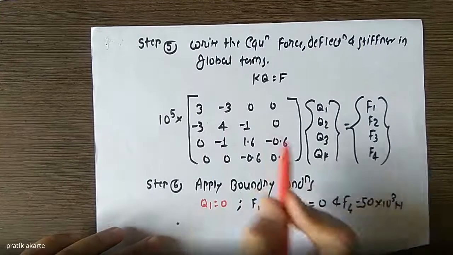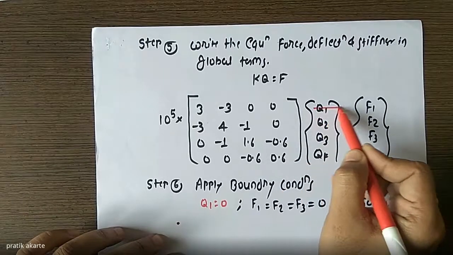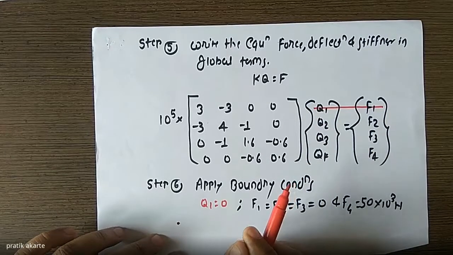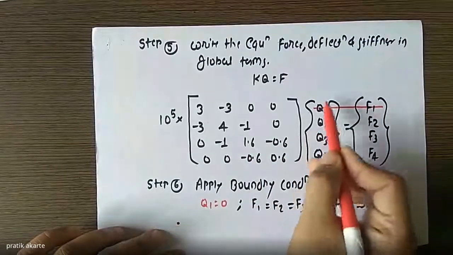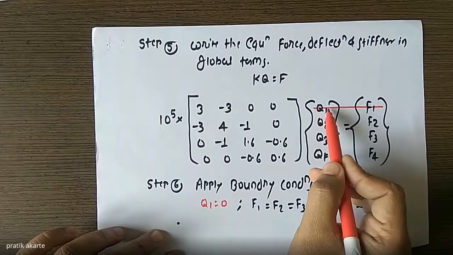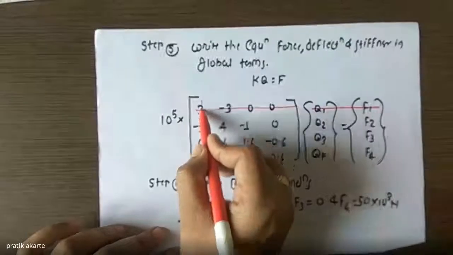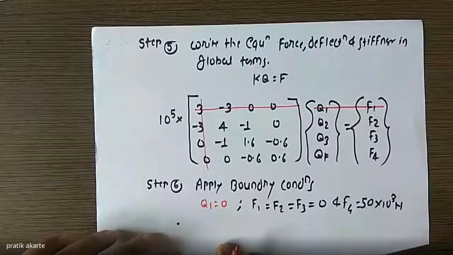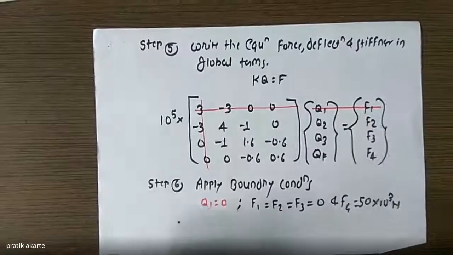So by the elimination approach, what can we do here? Since we know Q1, we will eliminate Q1 and F1. Since the first node value is known, we eliminate the first row and first column. Now our equation is converted into 3 by 3.